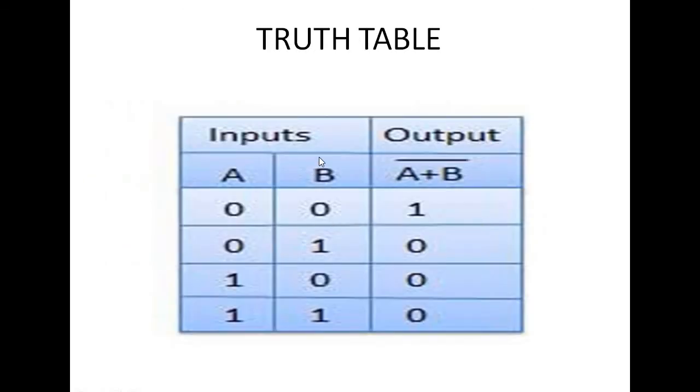In case of OR truth table, if any input is 1, the output is 1. But here, if any input is 1, the output is 0. If both are 0, the output is 1. If one input is 0, other is 1, the output is 0. If one is 1, other is 0, the output is 0. If both the inputs are 1, the output is 0. Just the opposite of your OR gate.